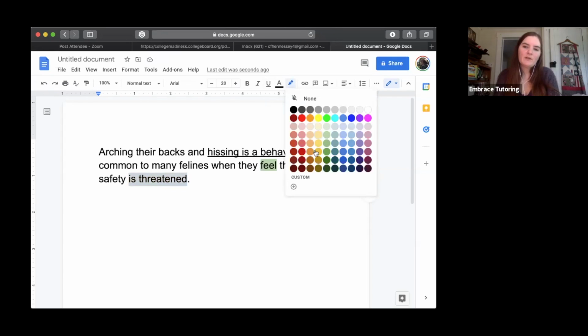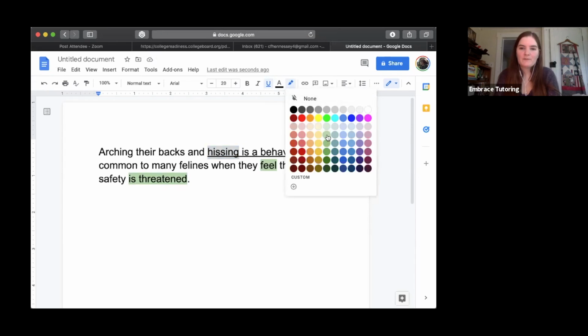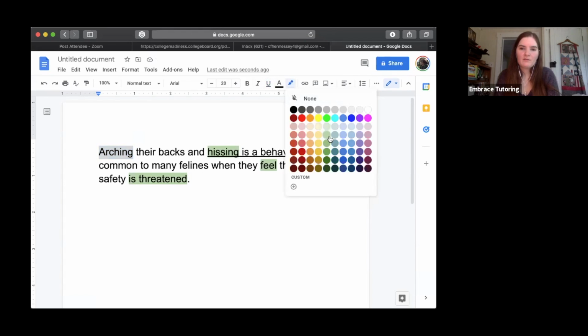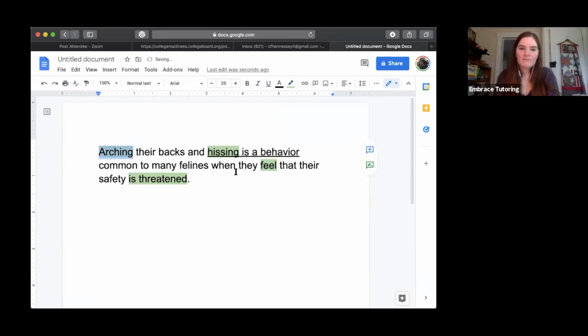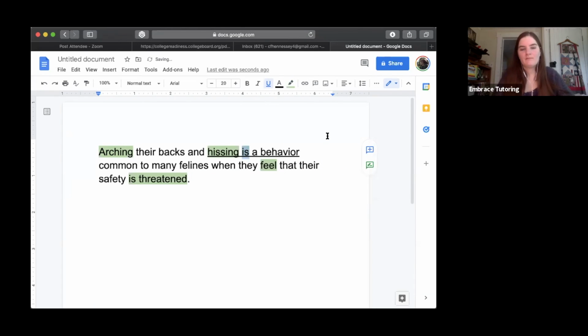I'm just identifying verb forms right now. Technically, these are also verb forms that we're dealing with. So we have a lot of different verb forms here.